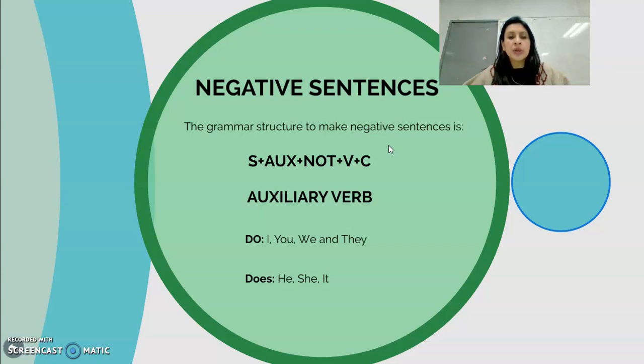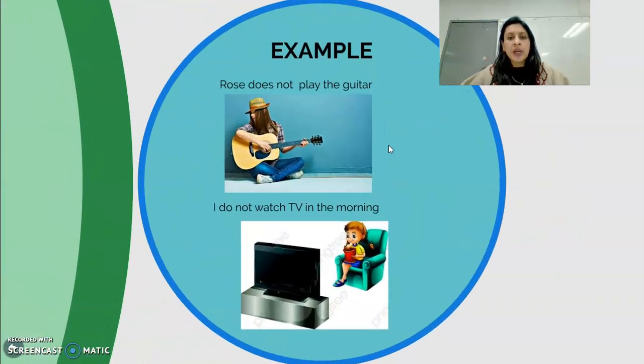Do is used with I, you, we, and they. Does is used with he, she, and it. We have two examples. Number one, Rose does not play the guitar. And the second example, I do not watch TV every morning.